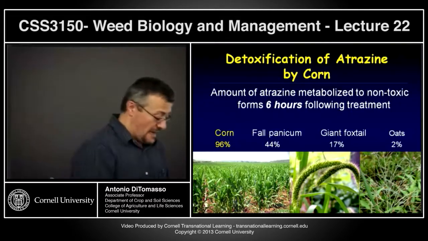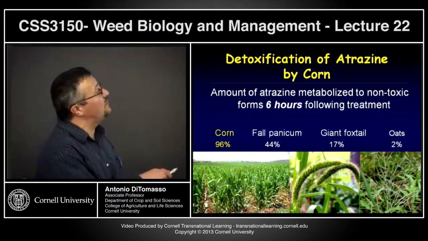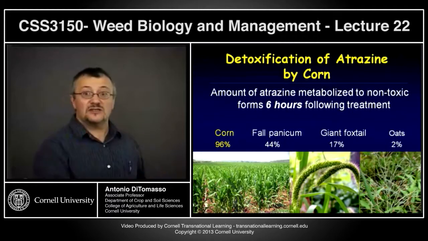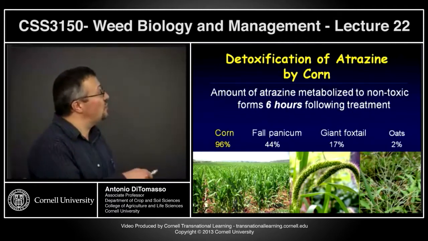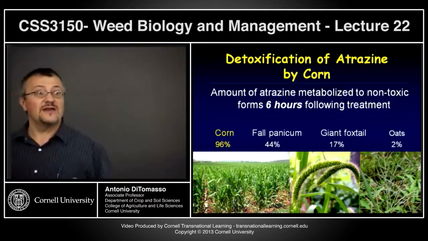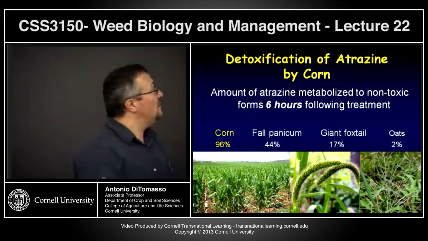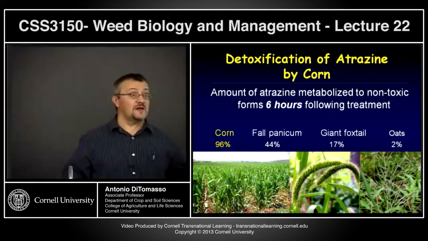And here's some work showing the amount of atrazine that was metabolized to non-toxic forms 6 hours after treatment. Now, I just want to show you what happens. In 6 hours, corn can detoxify 96% of the atrazine, broken down into non-herbicidal components.